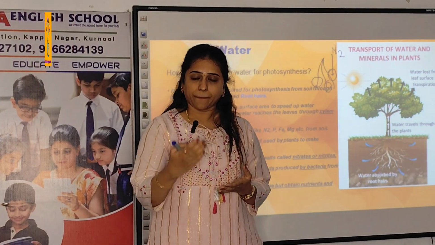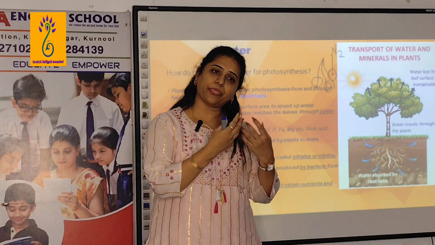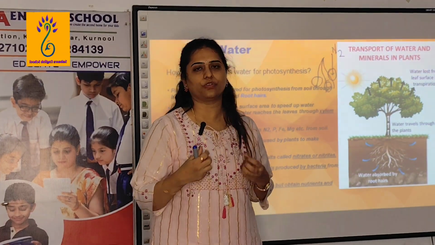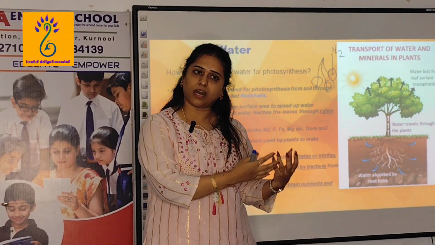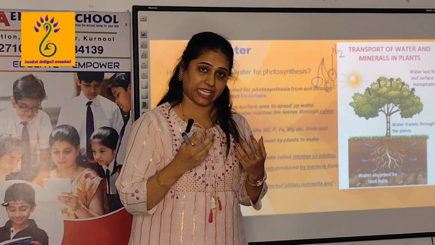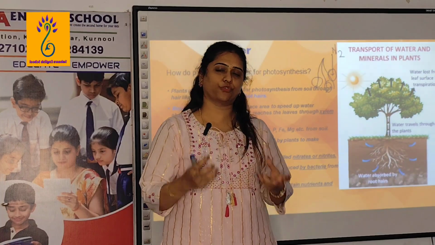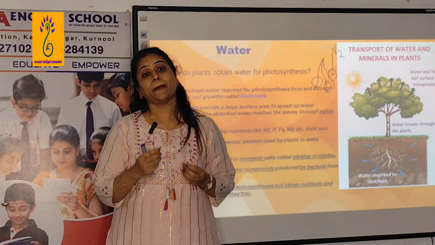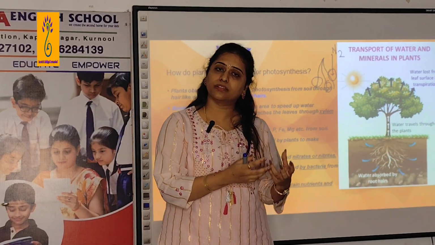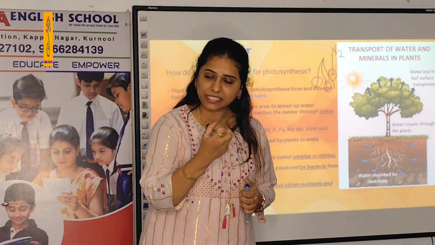Coming to a few which depend on other organisms for other nutrients. For example, insectivorous plants, they photosynthesize because they are green in color. Yes, they do that, but for other nutrients they depend on the insects which they trap.